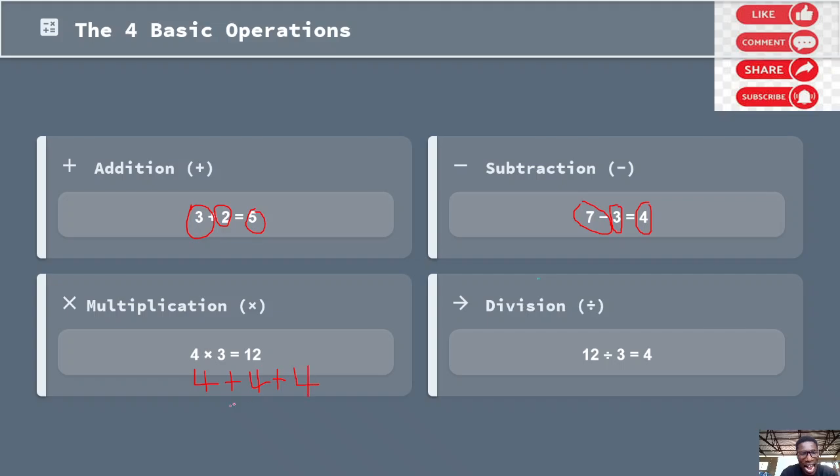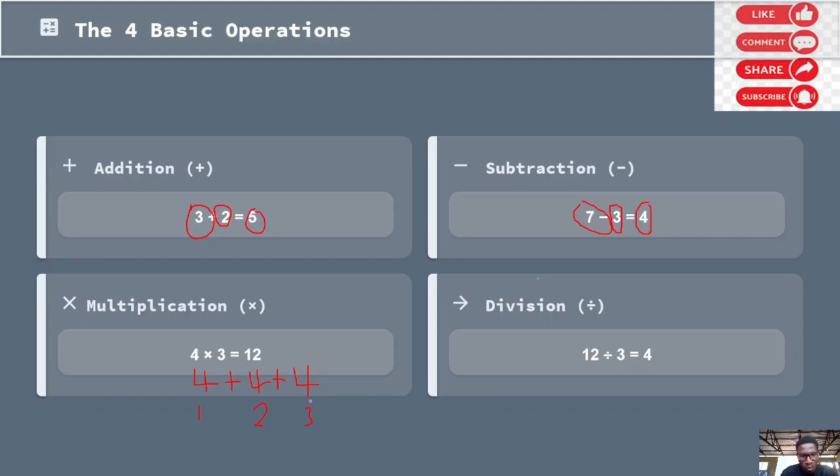So 4 adding to itself 3 times. So it is just like putting 4 items in each of 3 different baskets. Basket 1 has 4 items in it. Basket 2 has 4 items in it. And basket 3 has 4 items in it.